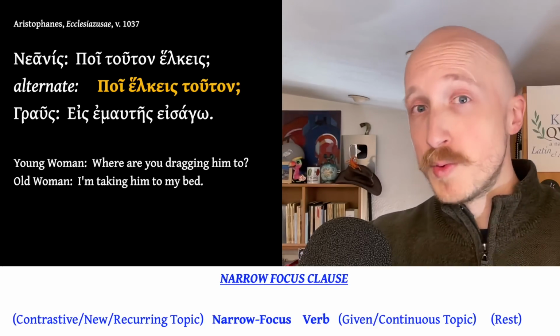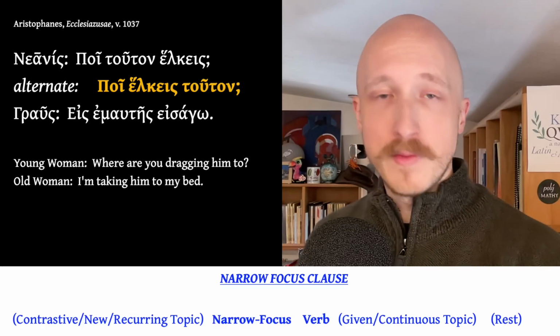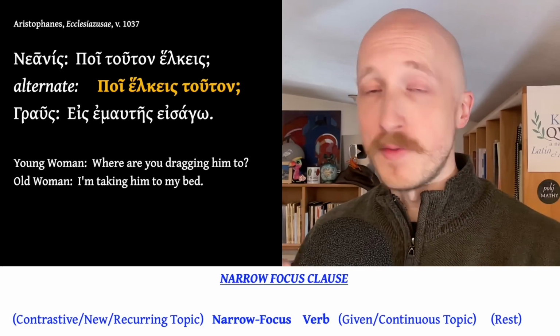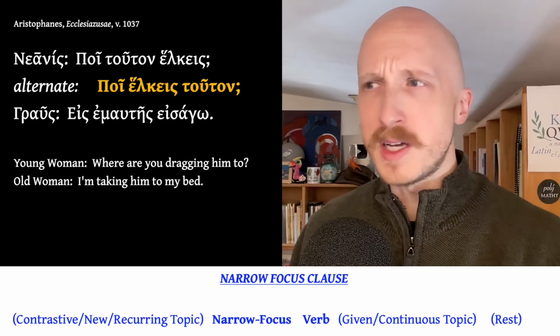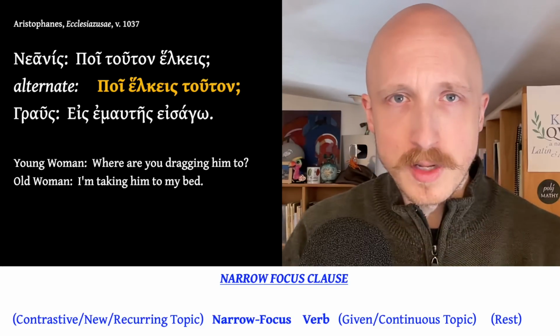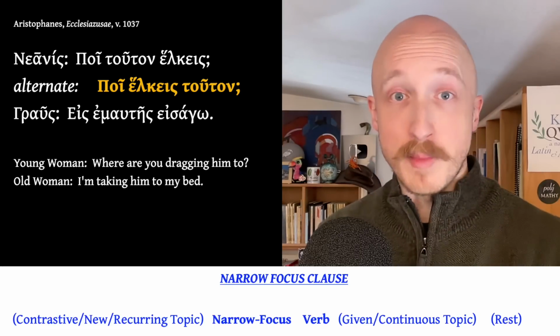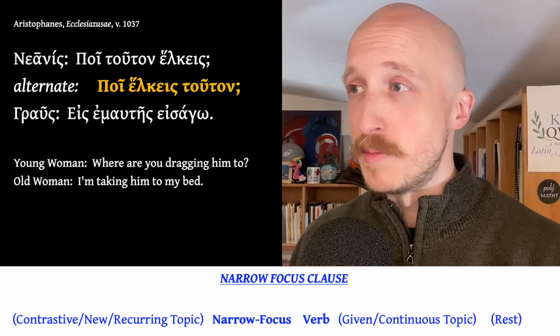Thus, if you were to put the tuton after, if you were already talking about this guy, and maybe you were doing different things to him, you were throwing water on him, you were feeding him, but different verbs, and so the tuton is obvious. But now you're dragging, then the tuton would go after. And so there'd be less shock about this particular fellow being mentioned of all the possible people in the world.